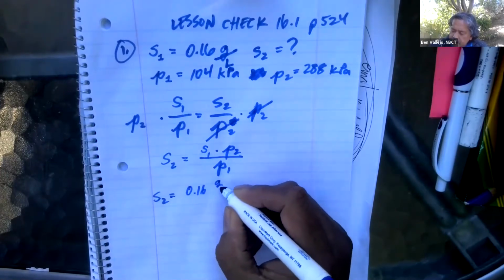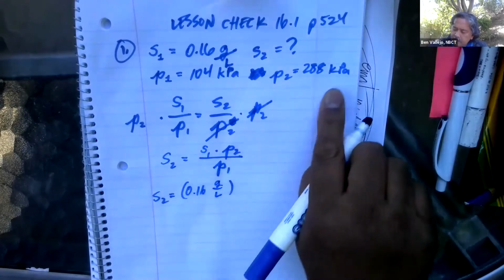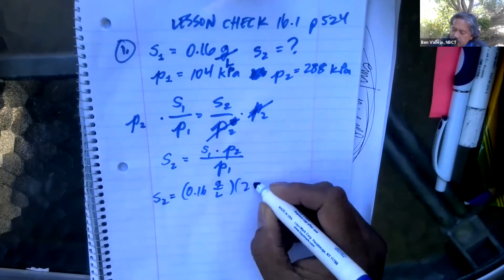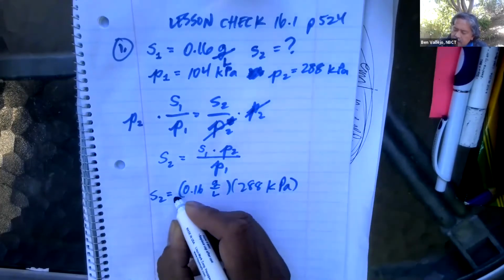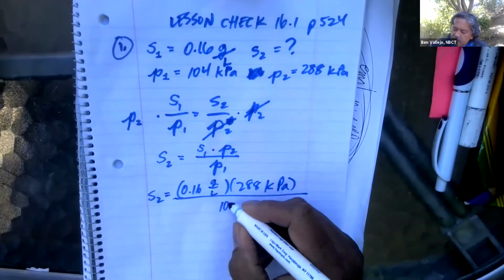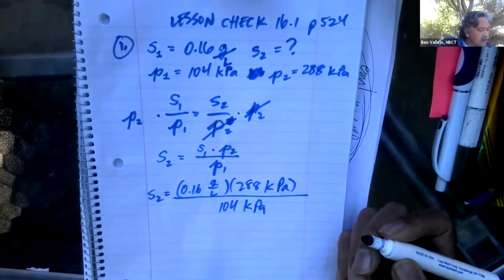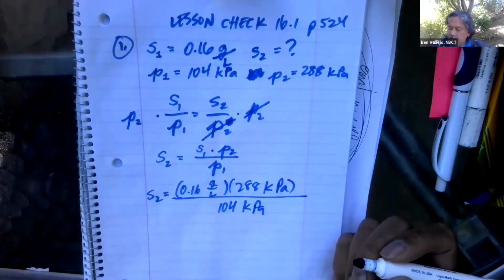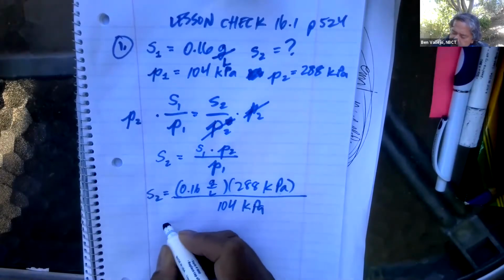0.16 grams per liter times P2, which is 288 kilopascals. That's all over P1, which is 104 kilopascals. Okay, and what we're left with is, if you look at the units, you can see what's happening.